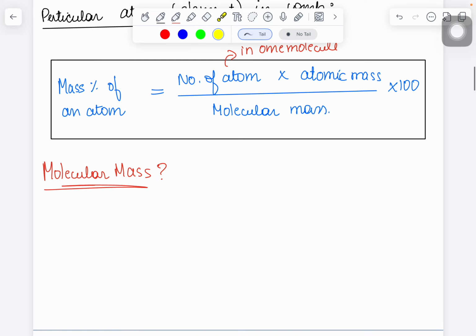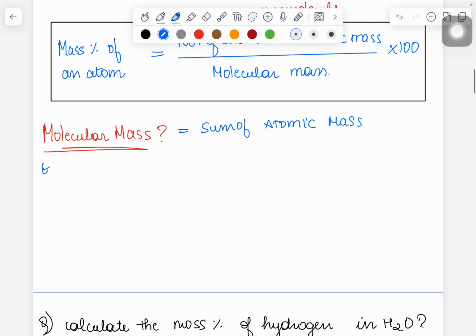Hope you all know what molecular mass is. Molecular mass is nothing but the sum of atomic masses. For example, for H2O, how to find the molecular mass? I'll denote it as mm of H2O.